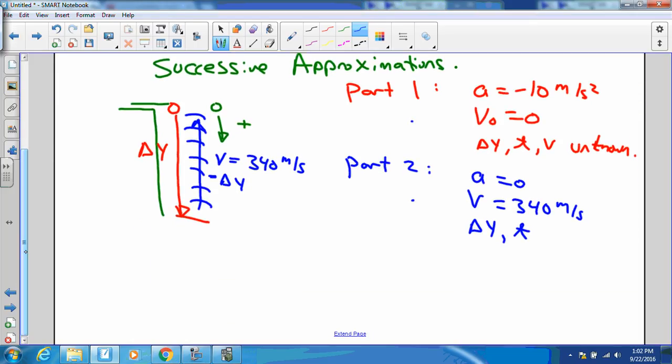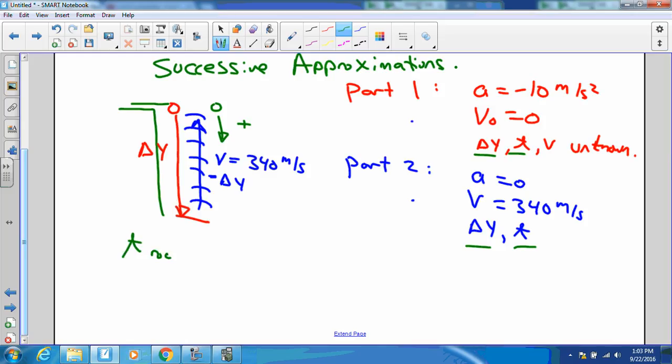Okay. So with all of this said, we have two options in front of us. One option that I do not recommend is we could use the part 1 and the part 2 to set up two equations in two variables, delta y and t.